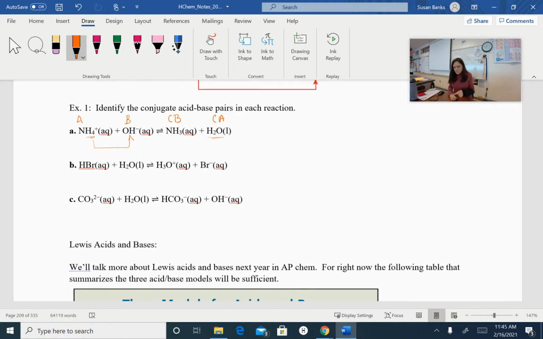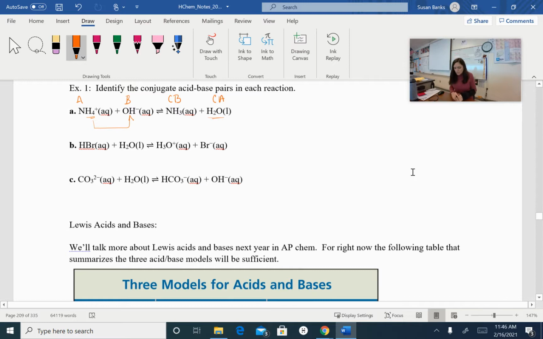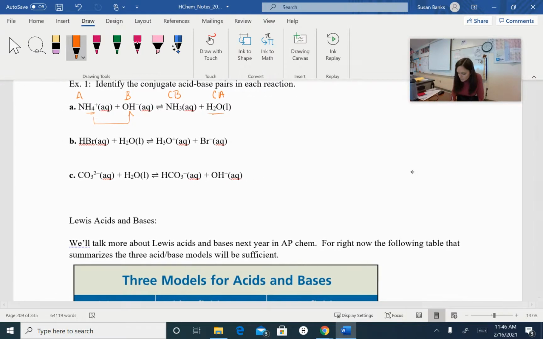So take a minute, look at B and C, and see if you can figure out the acid, the base, the conjugate acid, and the conjugate base. Okay? You guys ready to check? Okay, on B, who is donating a proton? Did you see that the hydrogen from hydrobromic acid was accepted by the water?